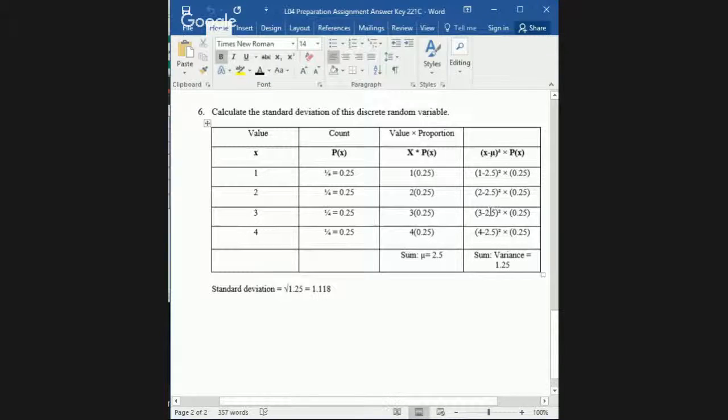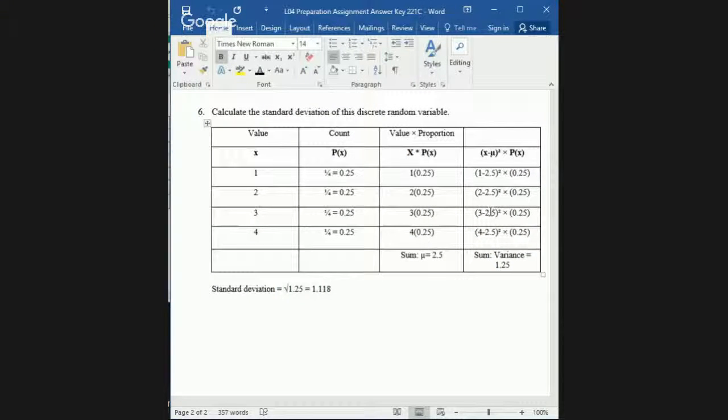Okay, so what I think of is the value minus the mean, squared, times the probability. That's not too bad. And then you just do that math, add them together, and take the square root.